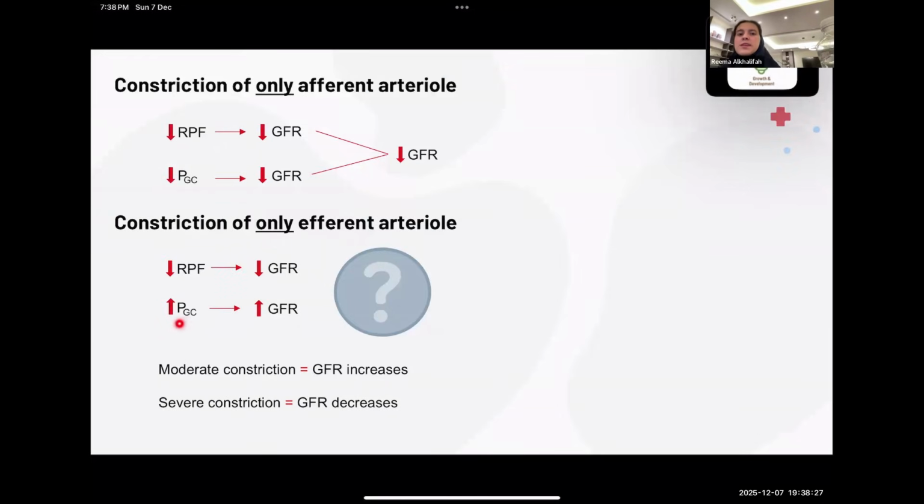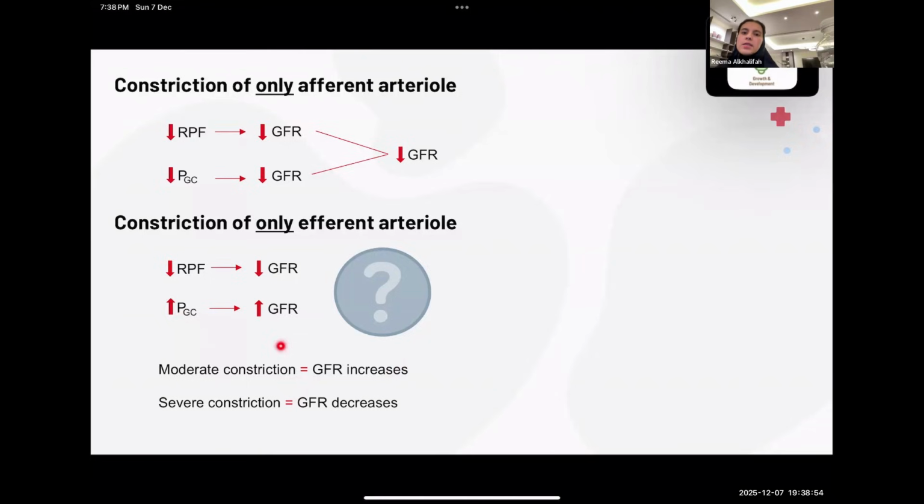But because of the increase in hydrostatic pressure, the GFR increases because, again, we said the hydrostatic pressures push fluid out. So it pushes more fluid out into the Bowman space. So this increases the filtration rate. Okay, so if one decreases, one increases. What is the final effect? Now, if there's only moderate constriction, GFR increases.